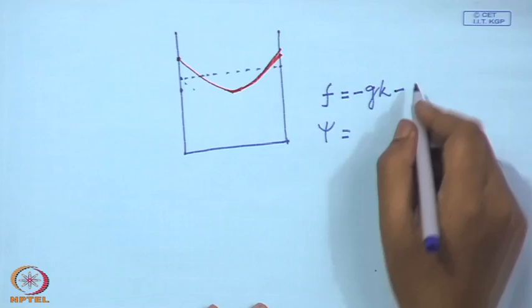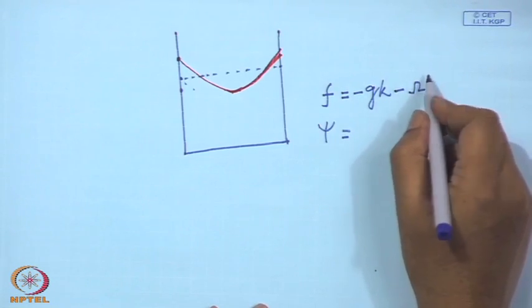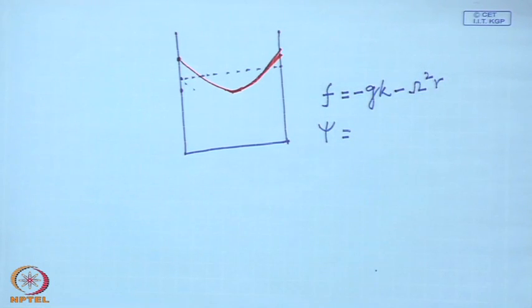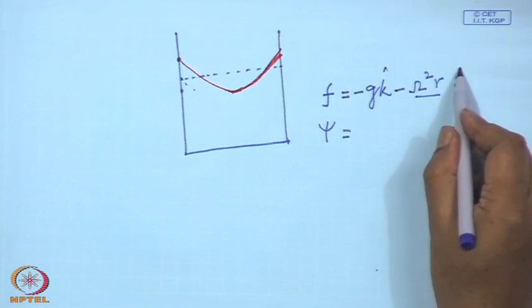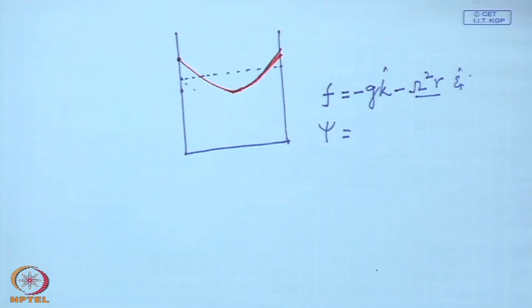In F it is minus, okay, minus omega square r. Instead of r you can write x i plus y j. You can use either. That r can be replaced as x square plus y square to the power half, and also you can write in terms of i and j, they are all fine. But in this case it is in the radial direction. So, let us write something like this, a unit vector in the radial direction.